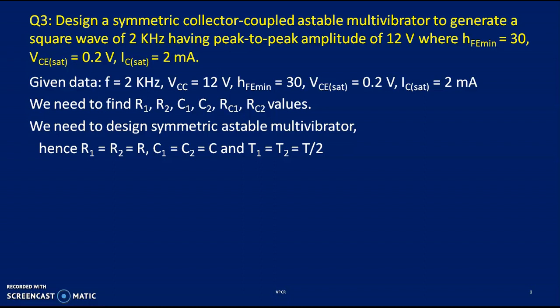And whenever R1 C1 equal to R2 C2, then the transistor on times T1 and T2 both are same, equal to T by 2. How did you get this T by 2? Because we know T1 plus T2 equal to capital T. When you have T1 plus T2 equal to capital T and T1 equal to T2, then obviously T1 equal to T2 equal to T by 2.